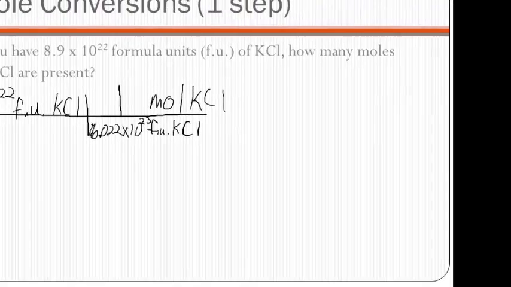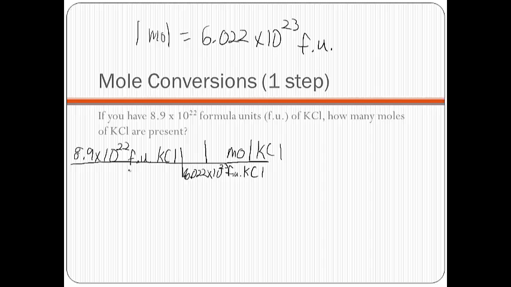Well, just make sure you do the steps in the Flim chart. Put your given here, and then put your units down, then go back and put your numbers. So we know our conversion factor is 1 mole is equal to 6.022 times 10 to the 23rd formula units. So this time 1 goes on top, 6.022 on bottom. On top we multiply, on bottom we divide.